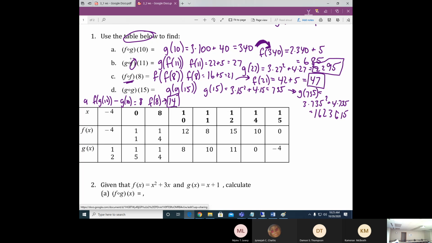Now, g of f of 11. Well, f of 11 is 8. And g of 8 is 14.